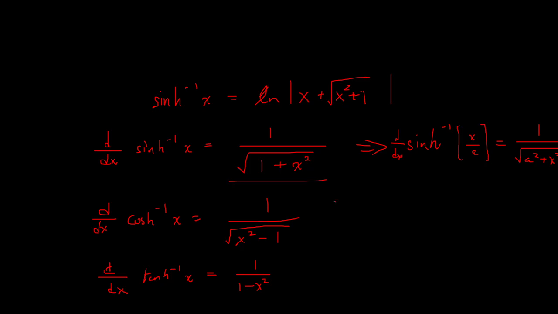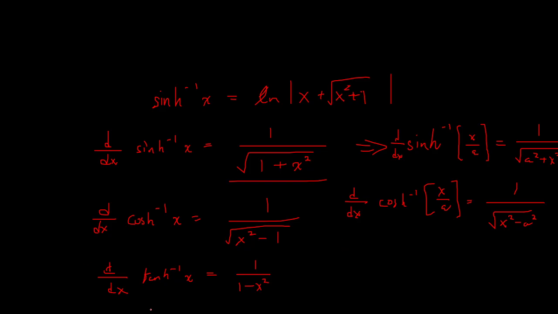And if you differentiate cosh inverse of x over a, this time it's going to be a slight change. You're going to get 1 over root x squared minus a squared. So it's essentially a equals 1 for both cases, but this is a much more comprehensive guide, I guess. I think that's the best way I could say it.